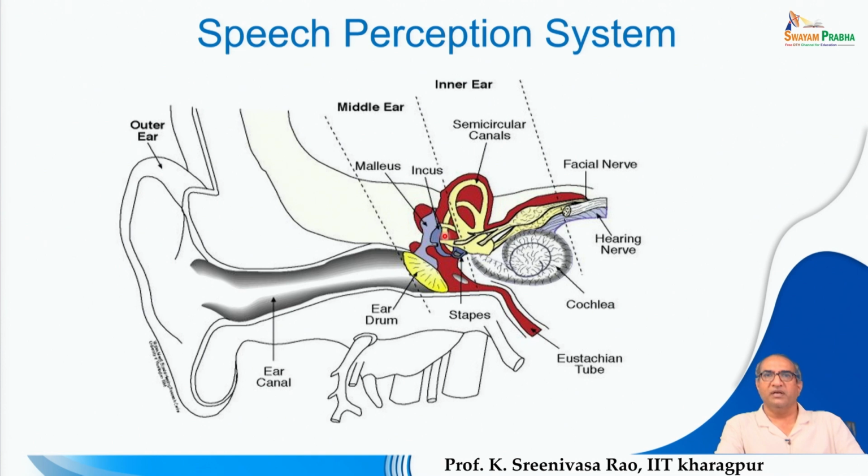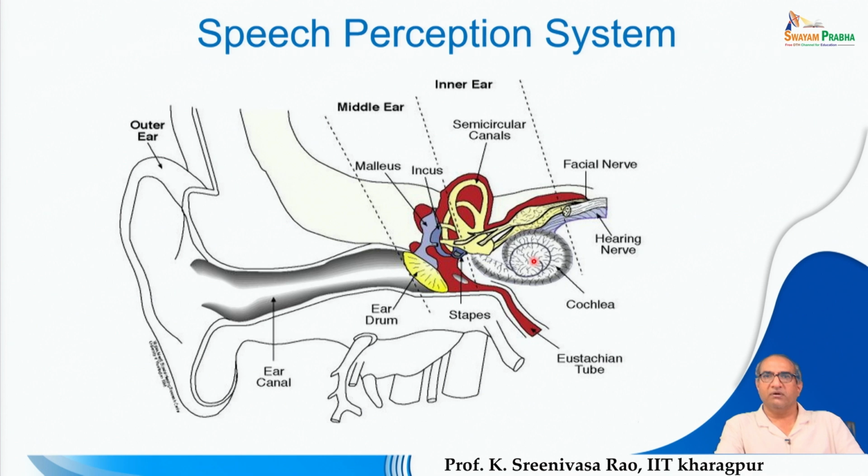In the middle ear there are different parts: at the beginning of the middle ear we have the eardrum, and that is connected to two other bones known as the malleus and incus, and this is the inner ear, and these bones are connected to the inner ear.